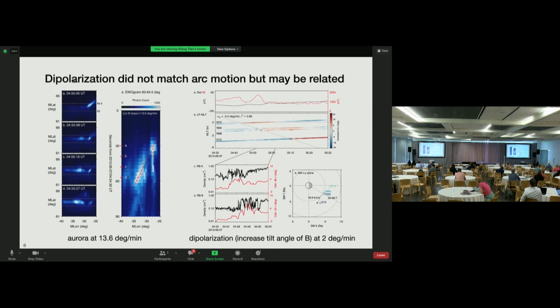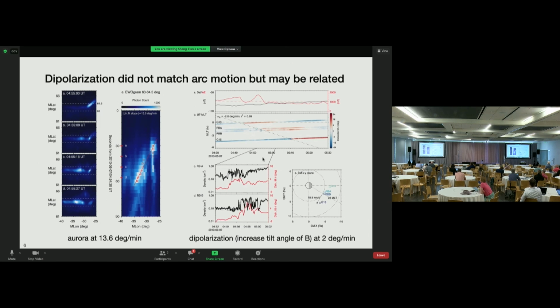So dipolarization did not match the arc motion, but since it's occurring around the time of the event, we suggest, and there are more details in the paper by the way, that the dipolarization may be related to how Alfvén waves are generated.